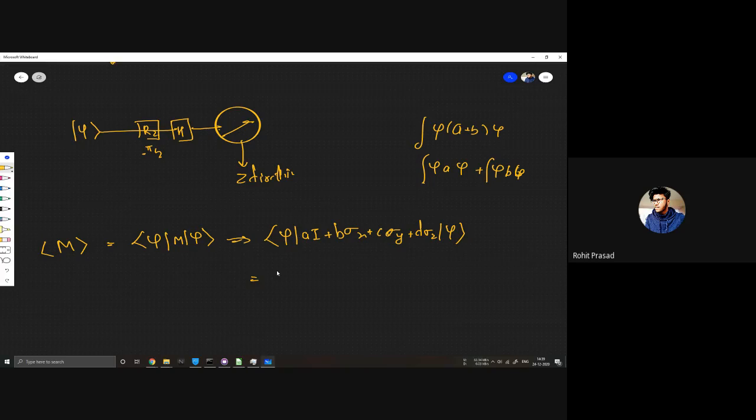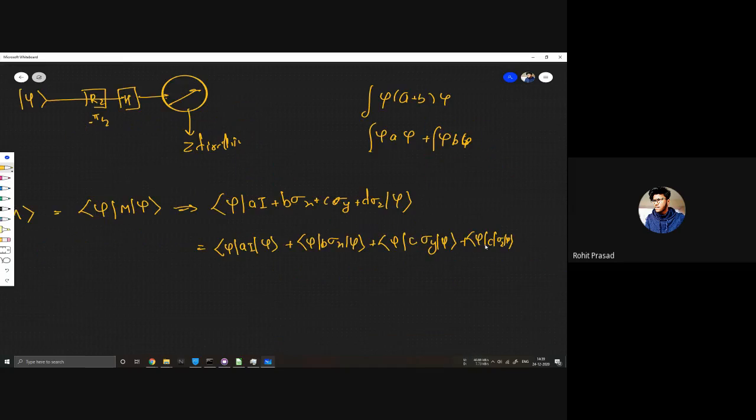Integration, we can do this thing. So we can say that this is a I, psi, plus psi sigma x psi, plus sigma z psi. Okay, this thing.